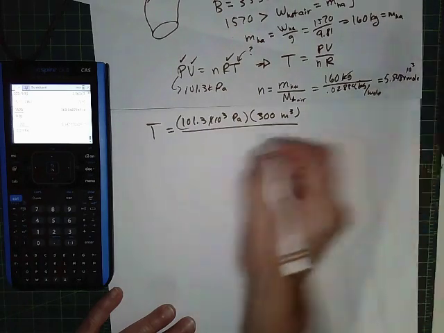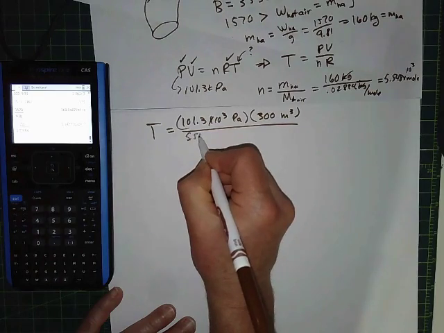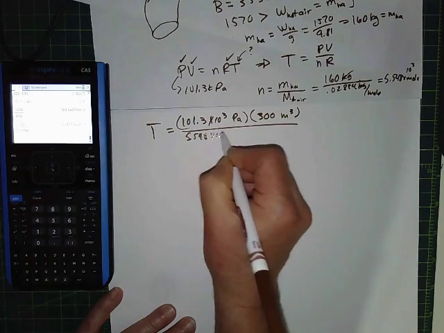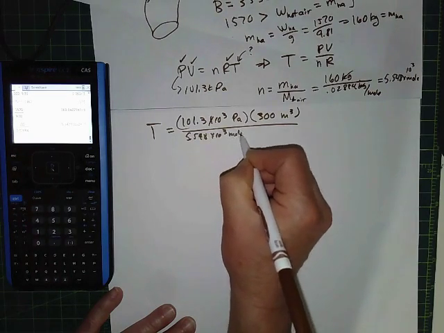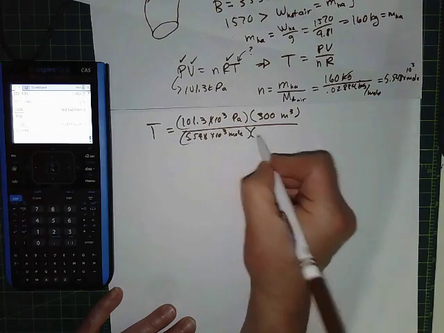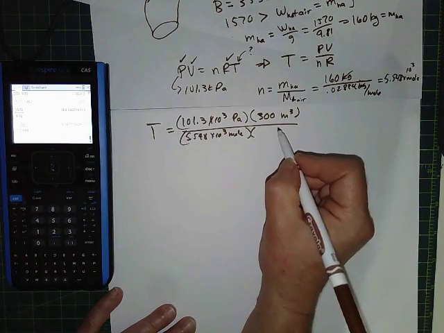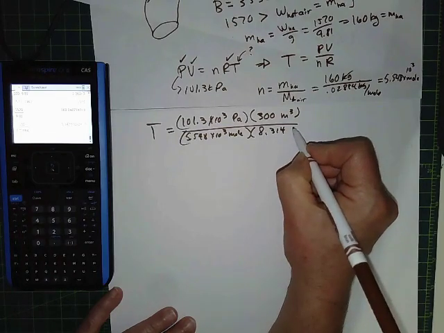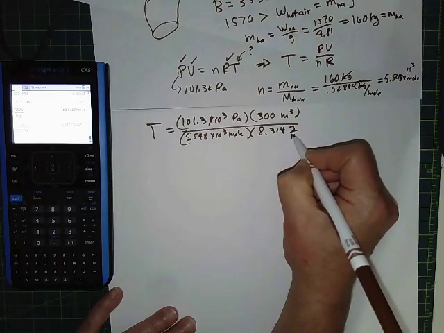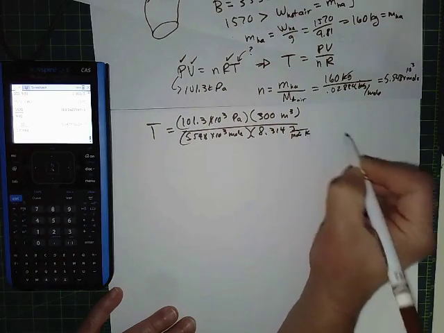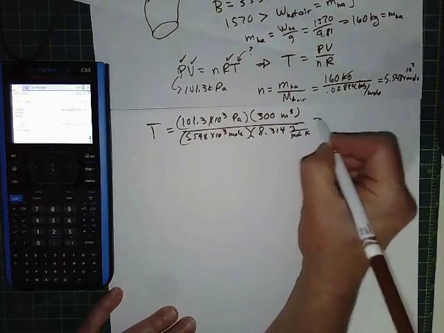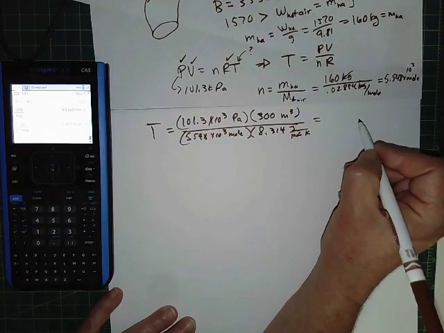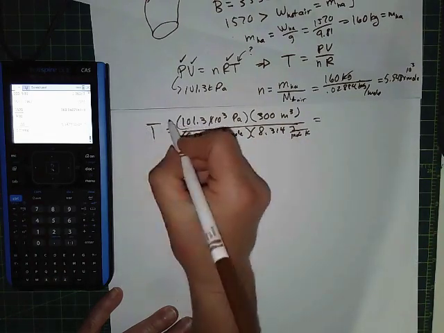And n we just got, 5.548 times 10 to the third moles. And R is 8.314 joules per mole Kelvin. All that cancels out to give us temperature in Kelvin.